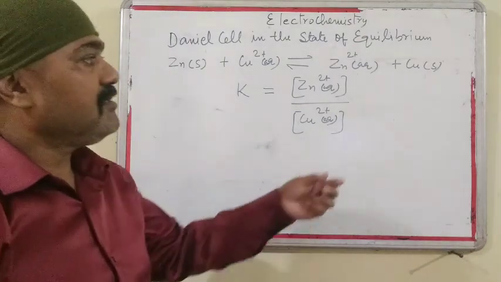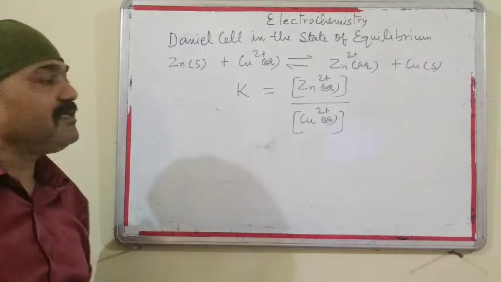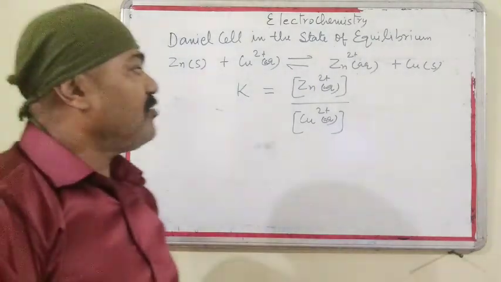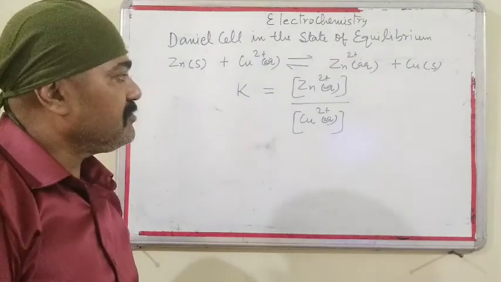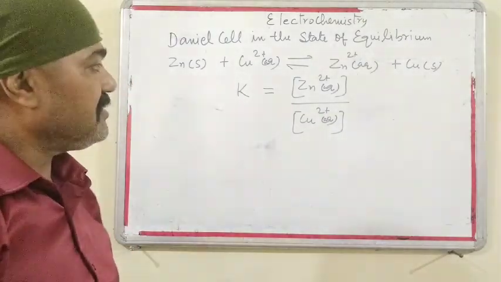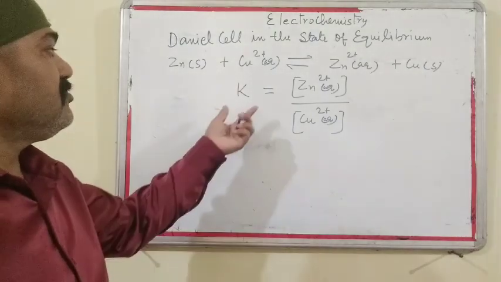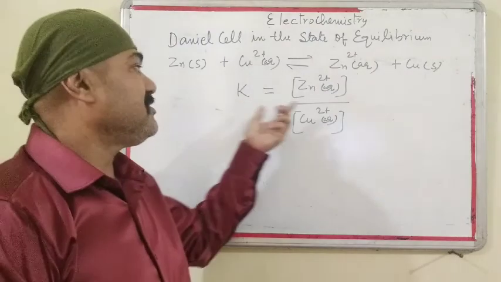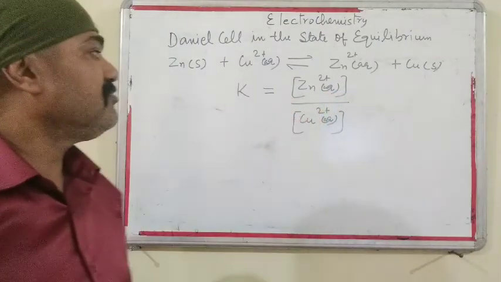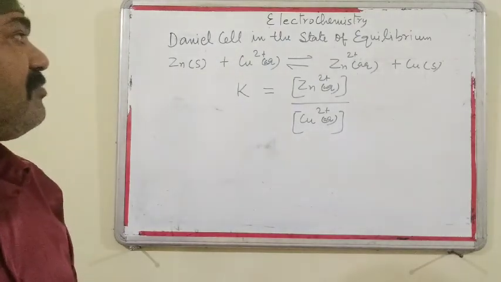And the concentrations of the copper and the zinc in solid state have been taken as unity, because their concentration does not change, that's why they are considered as one. So the value of the equilibrium constant is equal to the molar concentration of the zinc ion divided by the molar concentration of the copper ion.